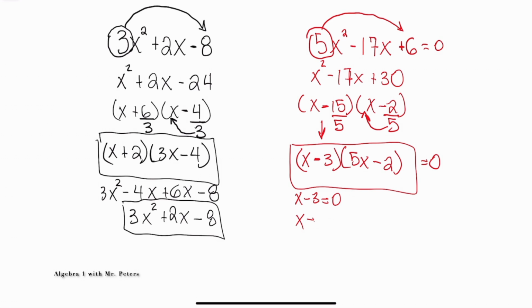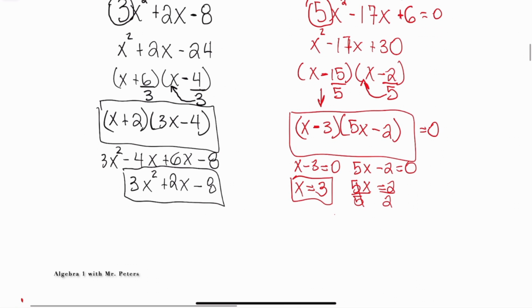So we'll have x is equal to positive 3 for the first factor. And the second factor, once we complete it, we'll have 5x is equal to positive 2. And after we divide, we're going to get x is equal to 2 over 5 as a final answer.